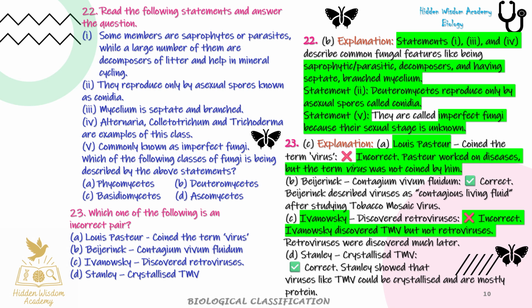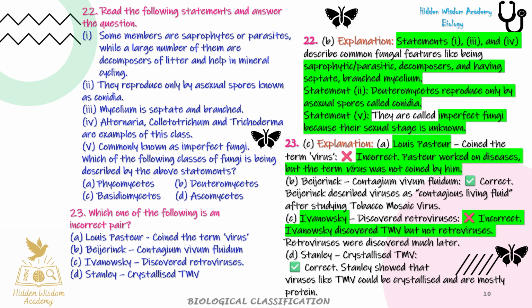Explanation. Option A. Louis Pasteur coined the term virus. It is incorrect. Pasteur worked on diseases, but the term virus was not coined by him. Option B. Beijerinck. Contagium vivum fluidum. It is correct. Beijerinck described viruses as contagious living fluid after studying tobacco mosaic virus. Option C. Ivanovsky.